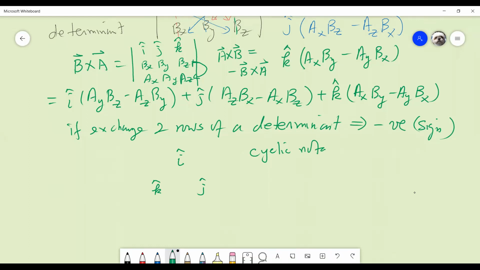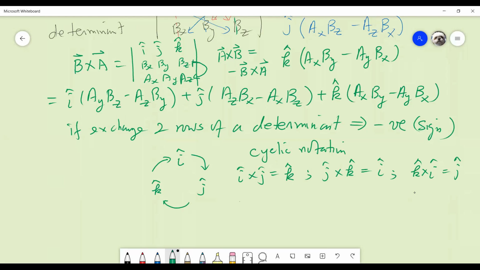So I cross J equals K, J cross K equals I, and K cross I equals J. If you reverse the order, going the other way, then you introduce a negative sign. Make sense? Yes.